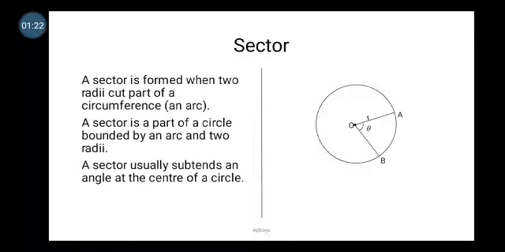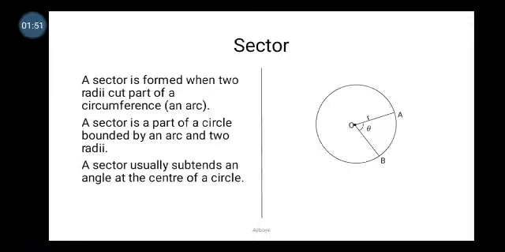A sector is formed when two radii cut part of a circumference. So if you have two radii on an arc, what you get is a sector. A sector is part of a circle bounded by an arc and two radii, and a sector usually subtends an angle at the center of a circle.